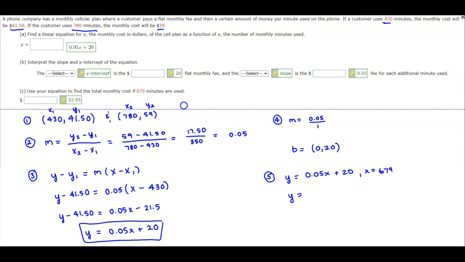So if we take 0.05 and multiply that by 679, and then we're going to add 20. So if we multiply 0.05 times 679, we get 33.95, and then by adding 20 is going to give us a total of $53.95. So that means it would cost $53.95.